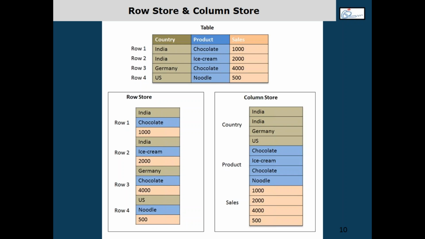Whenever I say show me this table, your database software will show you a table like this. Yes or no? So when it shows a table like this, does it store the table like a matrix internally? Even in the backend, does it store like a matrix?